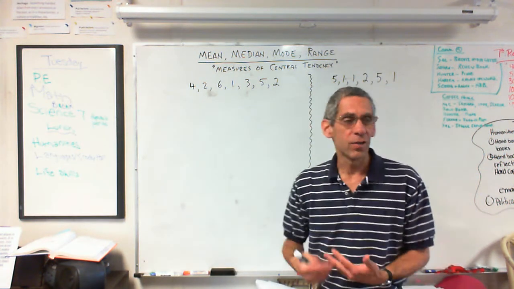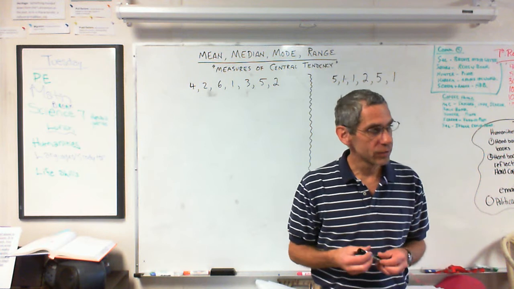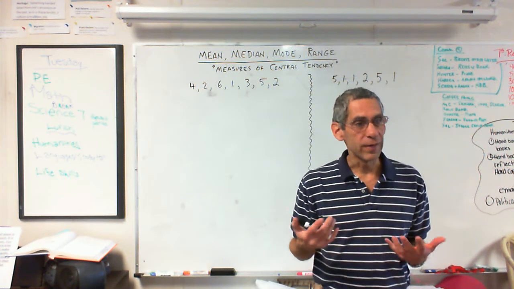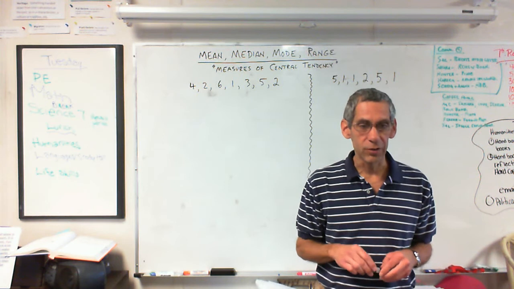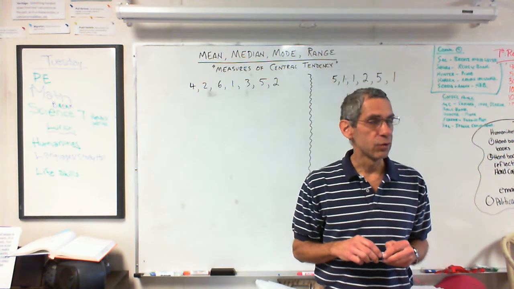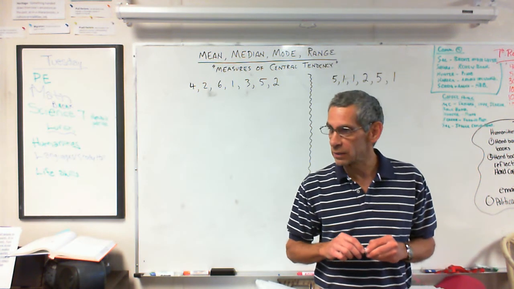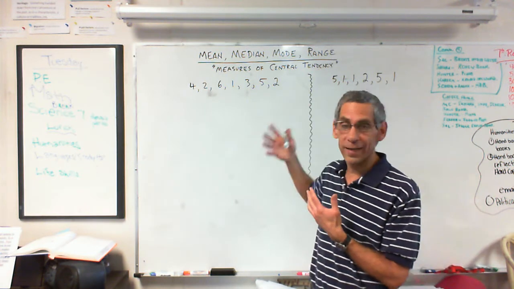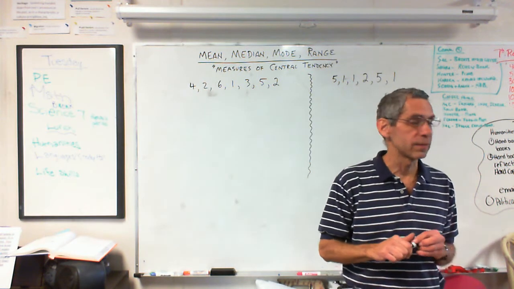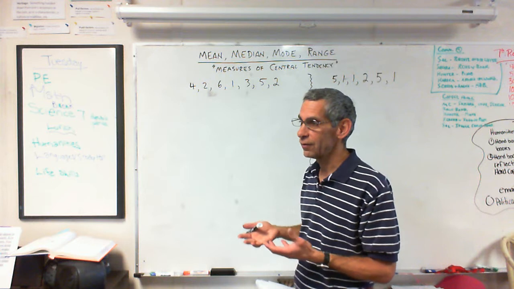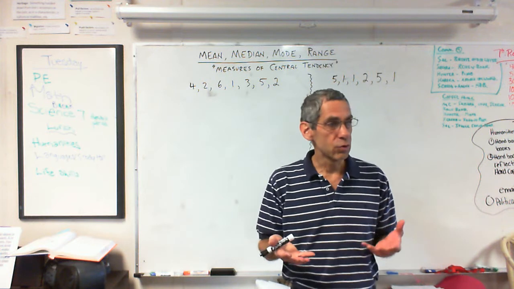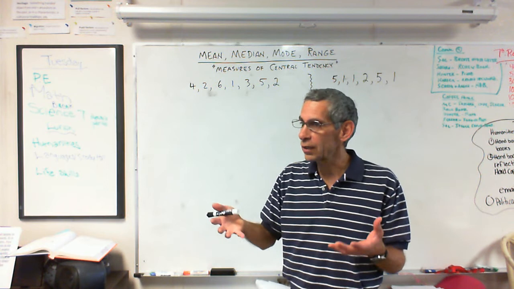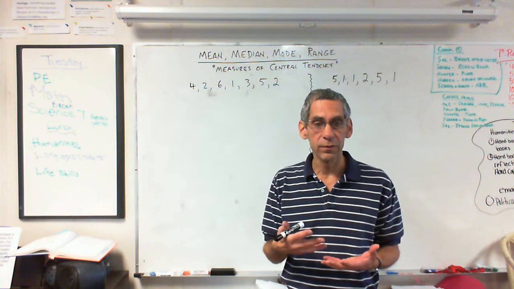So we're going to talk today about measures of central tendency. You don't often hear that phrase. Usually you hear mean, median, mode, and range, but those are examples of measures of central tendency. They're measures that we have devised to take a group of numbers and look at those numbers in different ways.